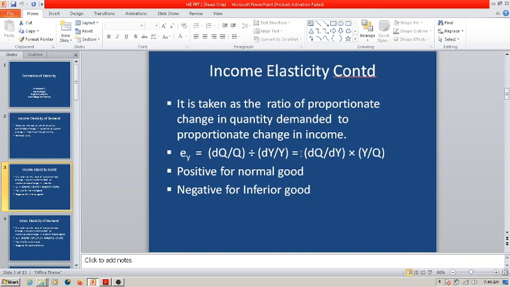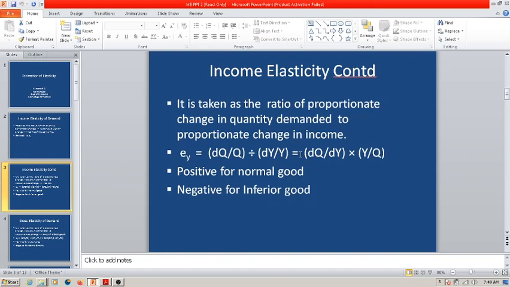The direction of change is different. That is why we incorporated a negative sign there. But in this case, it is not possible, since depending on the type of good under consideration, the coefficient of elasticity can be positive or negative.